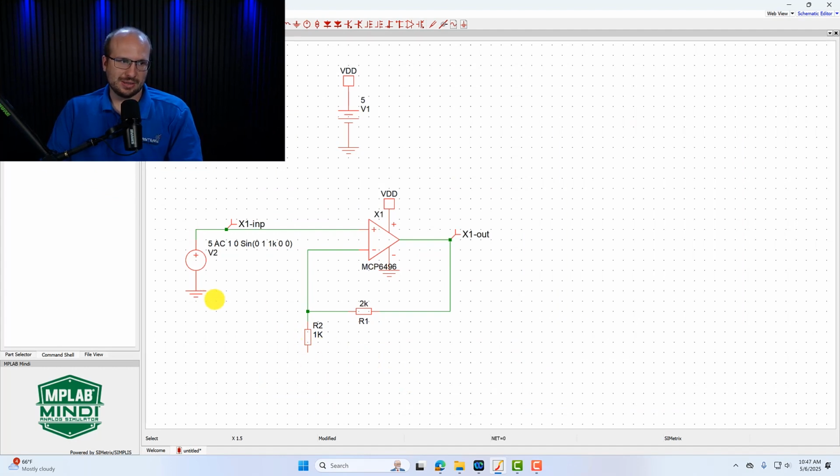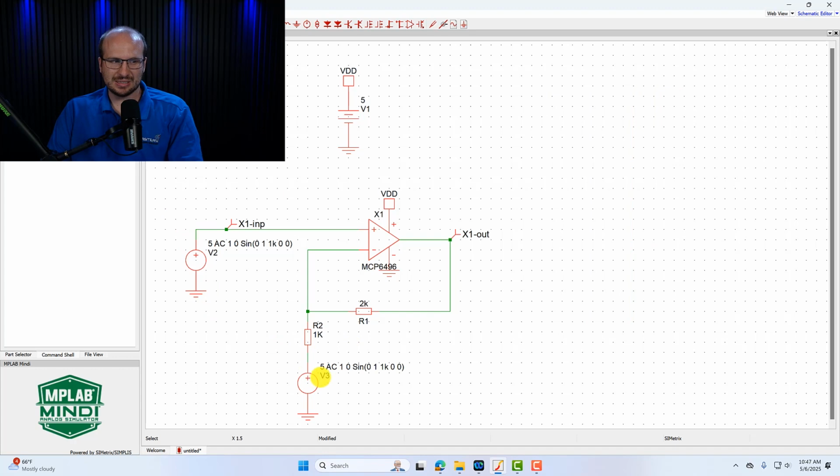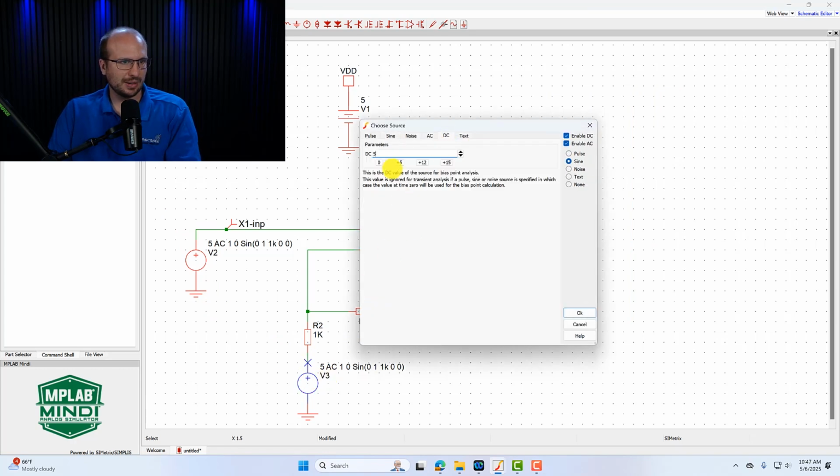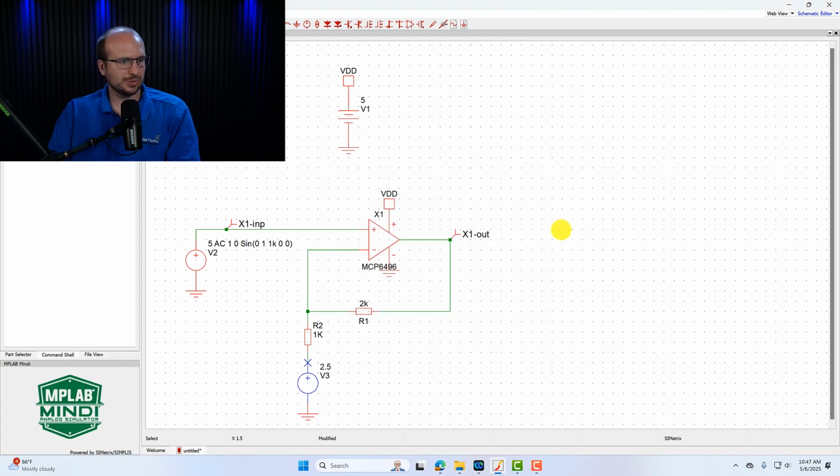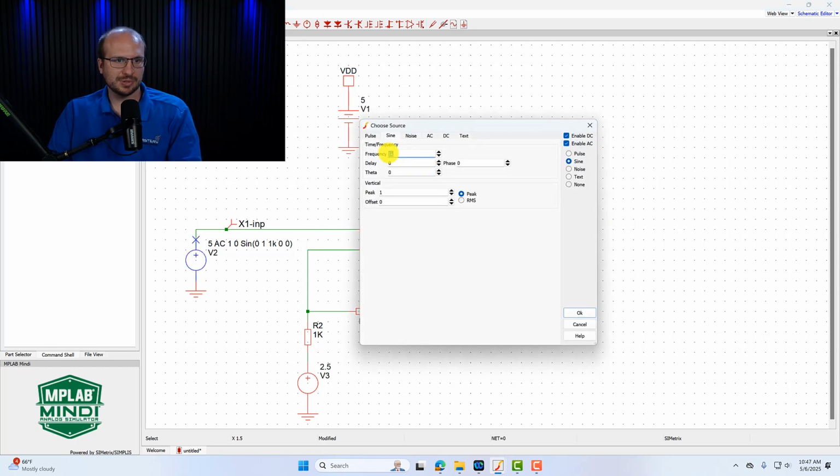What do we do with this thing here though? First, we need to give it a DC offset voltage. Let's put it in the middle of our power supply voltage, so just 2.5 volts. And push OK. And what should we set our input signal to? Let's have it be a sine wave, 2.5 volts.